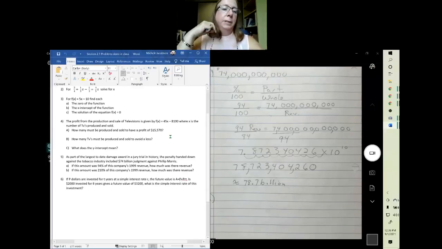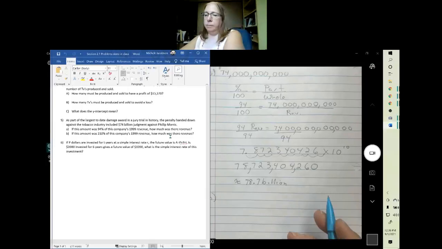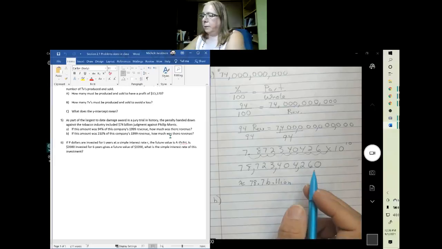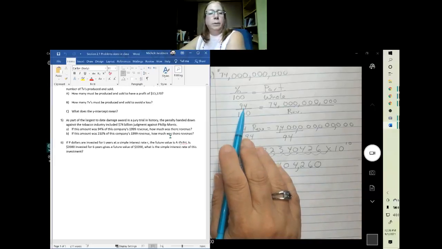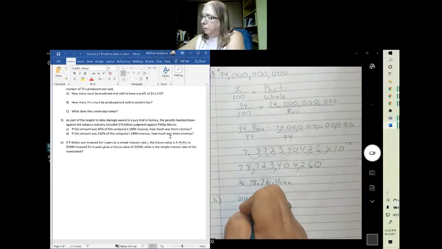B is the same thing. Philip Morris, they only had 94%, but there was another company that had 210, but I just put the two together. If this amount was 210% of the company's revenue, how much was their revenue? So the setup is the same, except instead of 94, it's 210%.